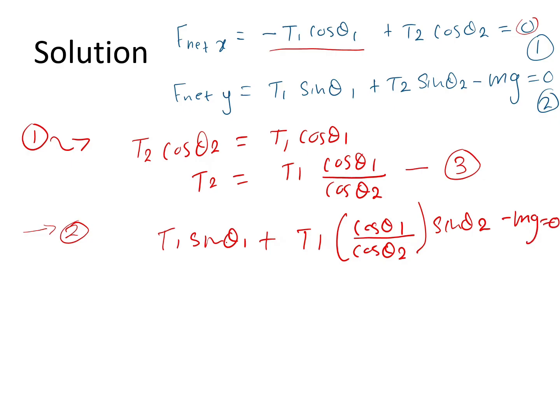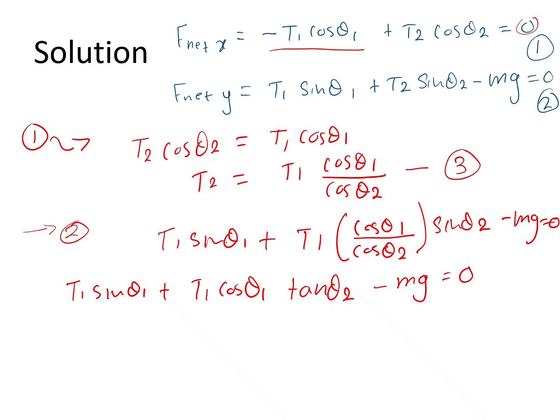Now you can see in this new equation, the only unknown is T1. So we can solve for T1 from here. Let's simplify this further. We have T1 sine theta 1 plus T1 cosine theta 1, and here we have sine theta 2 divided by cosine theta 2, which equals tan theta 2, and then minus mg equals 0.